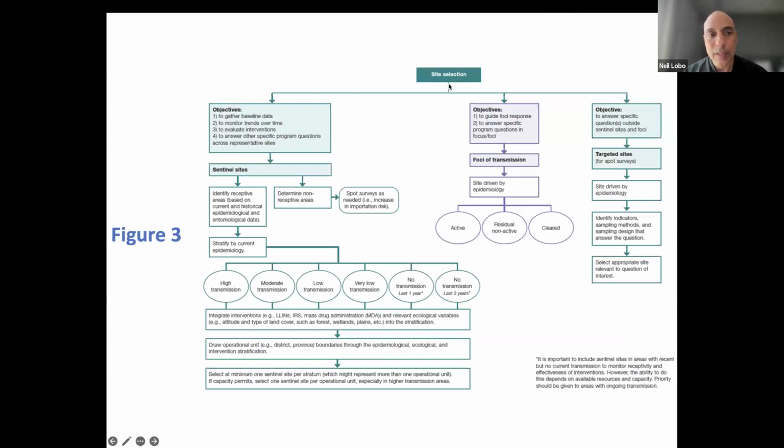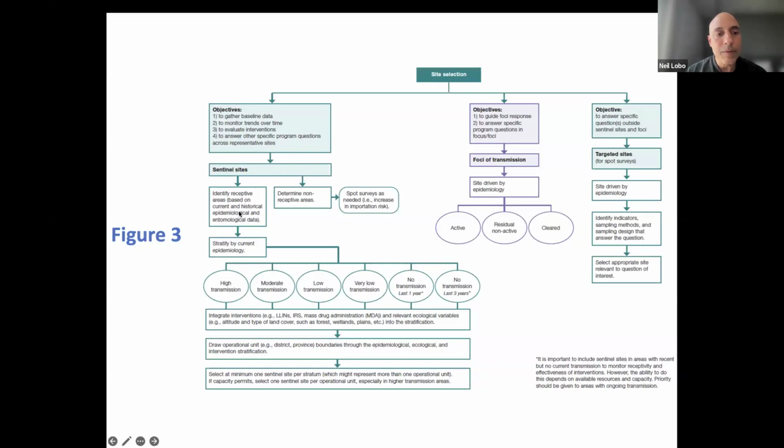So, site selection. Here are three groups of objectives. For example, on the left, the first objective is we want to gather baseline data or monitor trends over time, evaluate interventions, or evaluate other program-specific questions across representative sites. Now you'd use a Sentinel site. And the two things you do after that is determine if they're receptive or not, right?